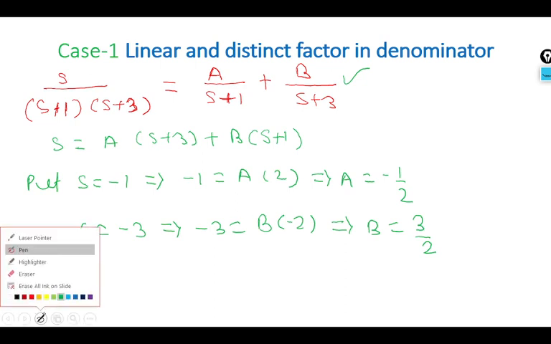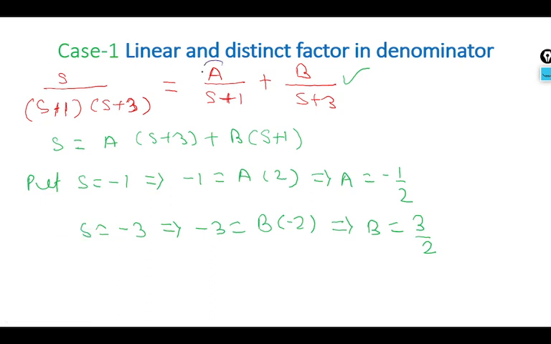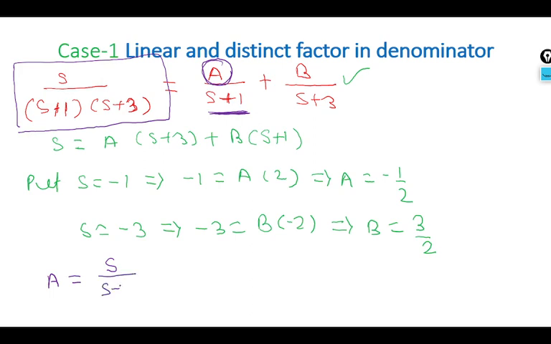What we are doing in the shortcut method: suppose we are interested in getting the value of a. To get the value of a, we write the given fraction, ignoring the denominator factor of a. So just ignore the s plus 1 term in the given fraction and write down the remaining. We are left with s upon s plus 3.